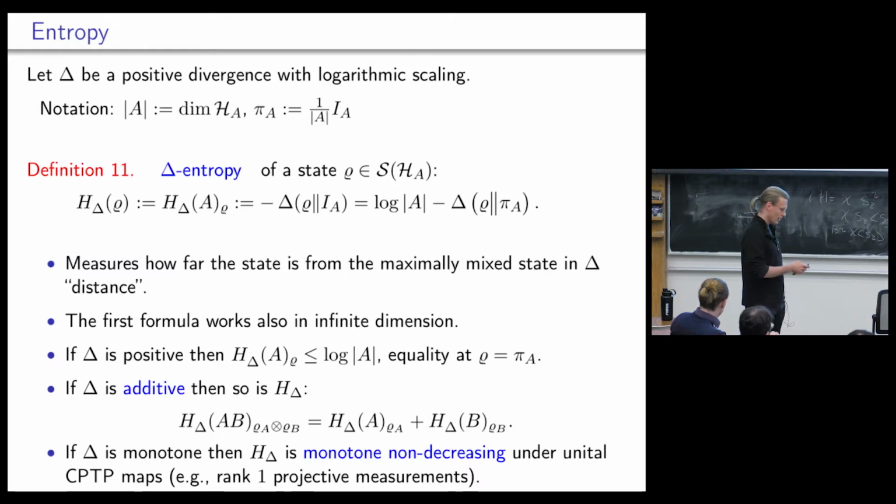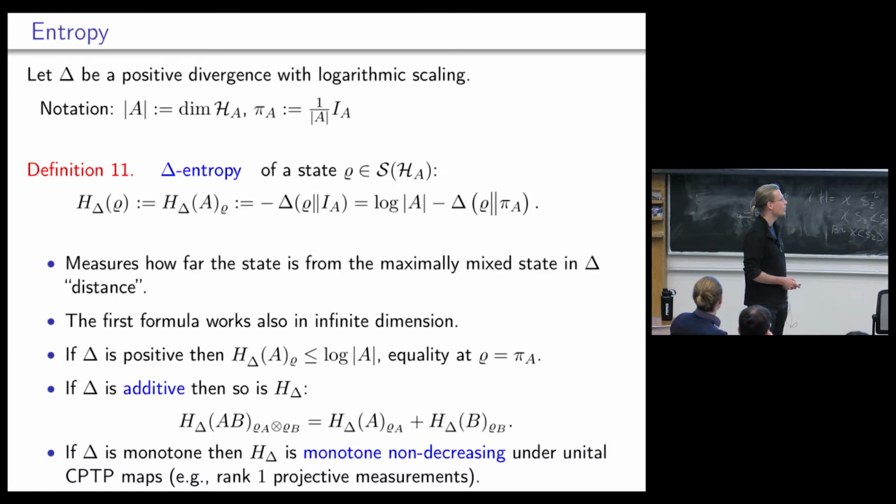Okay. And if our divergence is monotone, then the entropy is going to be monotone, non-decreasing under unital CPTP maps. So this is obvious from this formula. For instance, rank 1 projections are such examples.